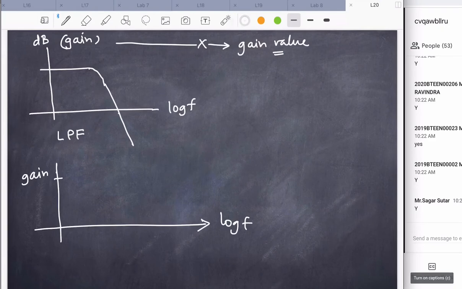So, the gain value, the graph will be something like this, because gain is supposed to reach 0 at the minimum, 0 to something maximum. So, this is the graph. Anyway, when we do simulation, you will understand more about this.